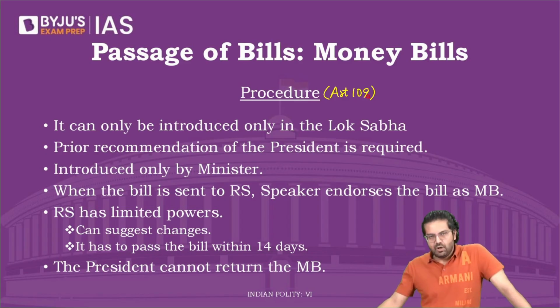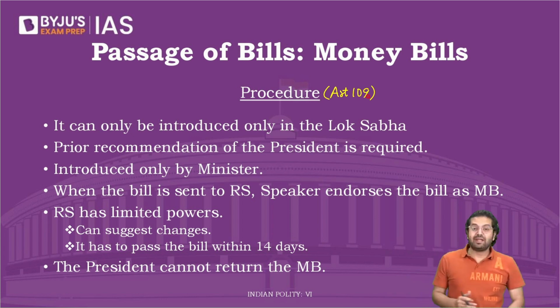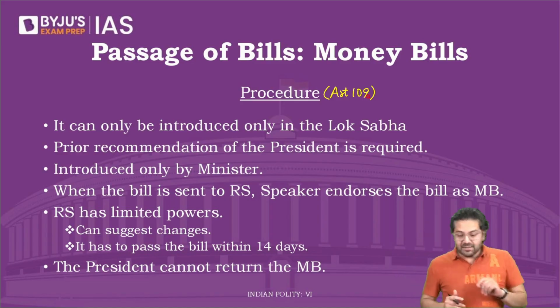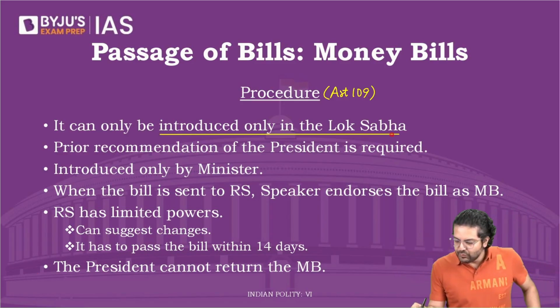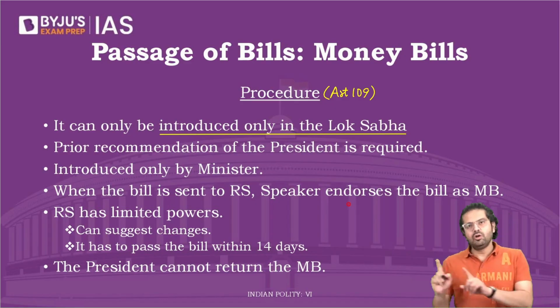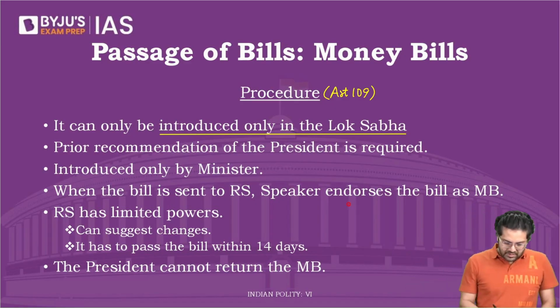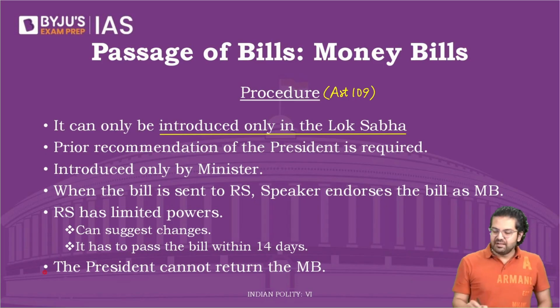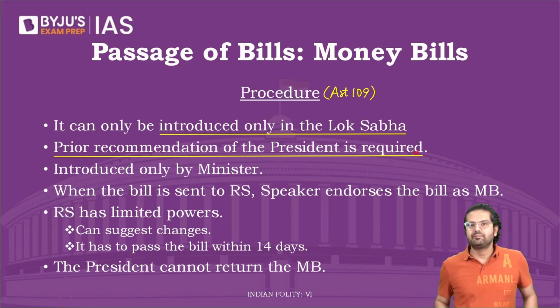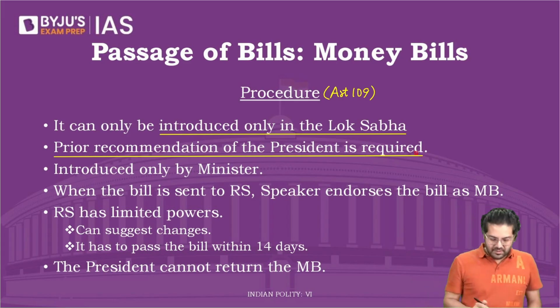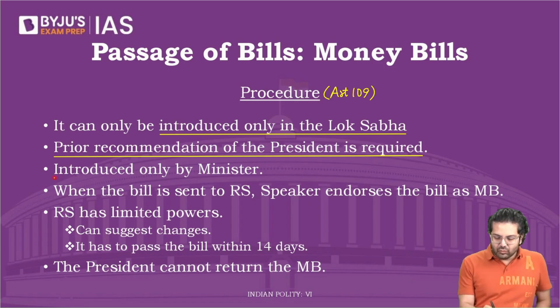Number one, an ordinary bill can be introduced in any house, Lok Sabha or Rajya Sabha, but money bills can be introduced only in the Lok Sabha. Clear? Only in Lok Sabha. Number two, for money bills, prior recommendation of the president is also required. That's a special case. Number three, money bills are introduced only by ministers.